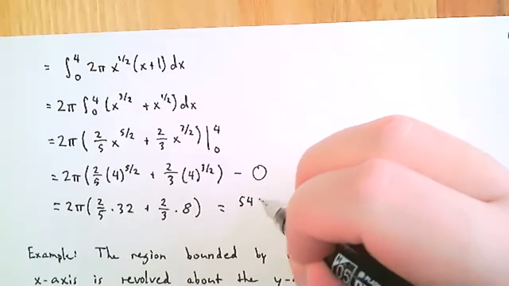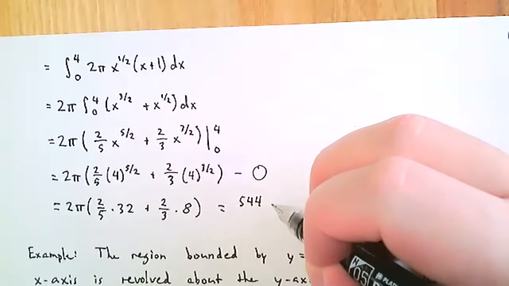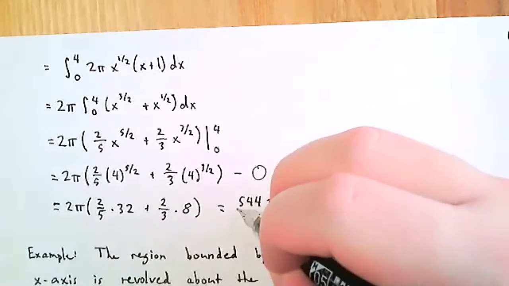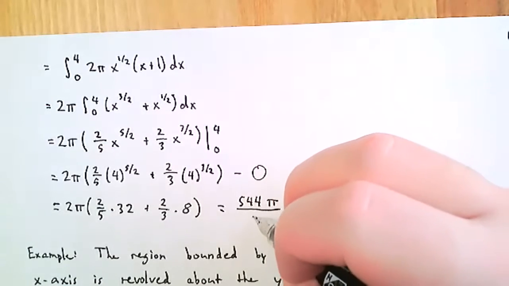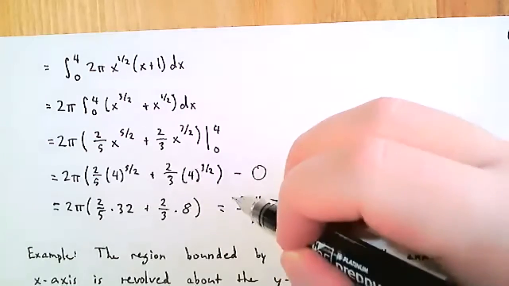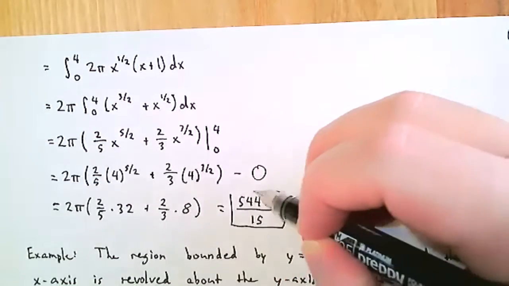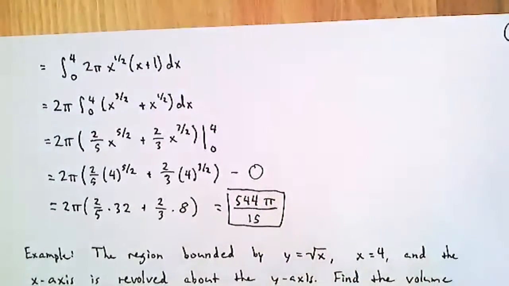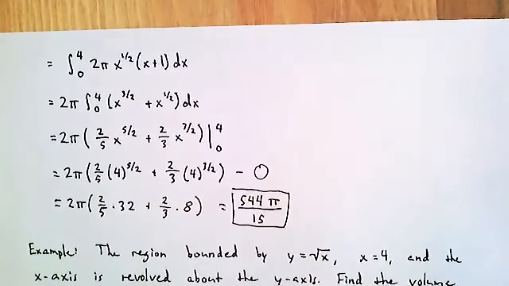Some of these numbers get a little large. And we end up with 544 over 15. Oh, and a pi, 544 pi over 15. Okay, any questions over this example?